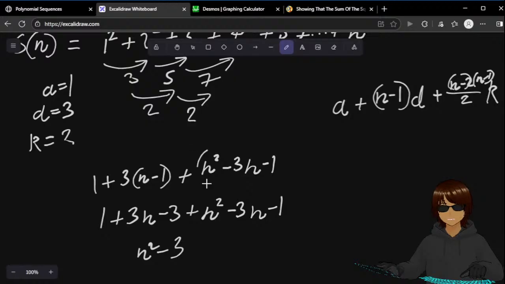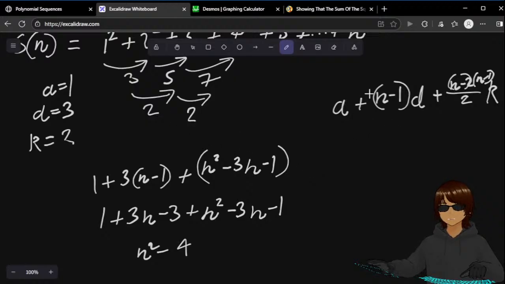Oh no, let me see what's going on. Why did I get this wrong? Shouldn't it just give n squared?